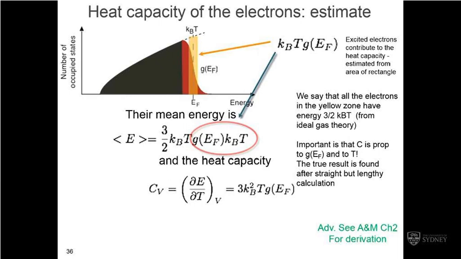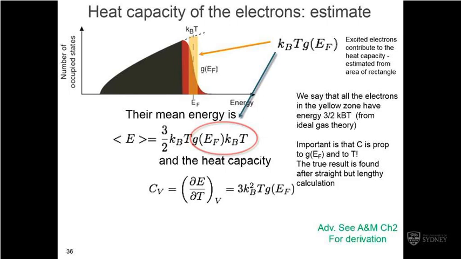The length of the rectangle is just kBT, the energy along here that we talked about. And the height is the value of the density of states at the Fermi level.